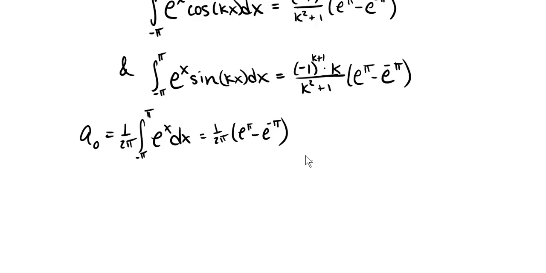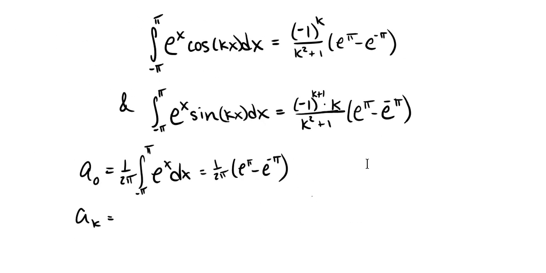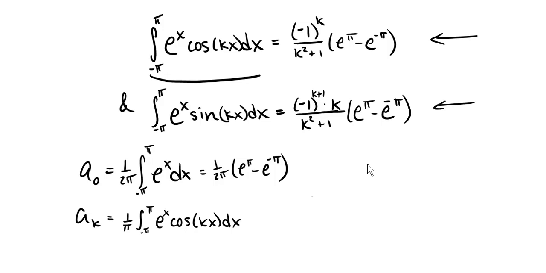How about our others, our ak's in that formula? ak's are given by this formula, 1 over pi times the integral from negative pi to pi of our function e to the x times cosine kx dx. So just multiply 1 over pi out front of this integral. By the way, if you're interested in a good exercise, actually figuring out these formulas on your own is a good exercise, not beyond what you can probably do here.